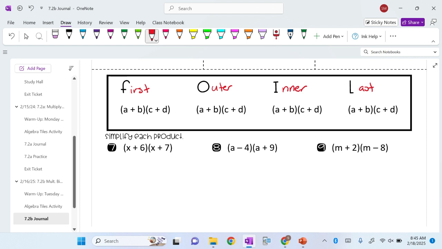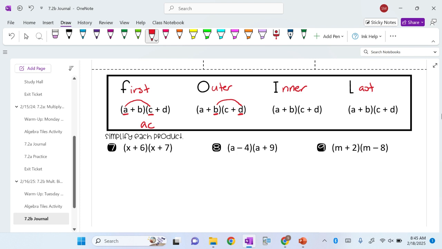You would multiply the first two terms of each polynomial. So you multiply the first term of each binomial together. So that would give us AC. Then you would multiply the two outer terms, so B and D in this case.